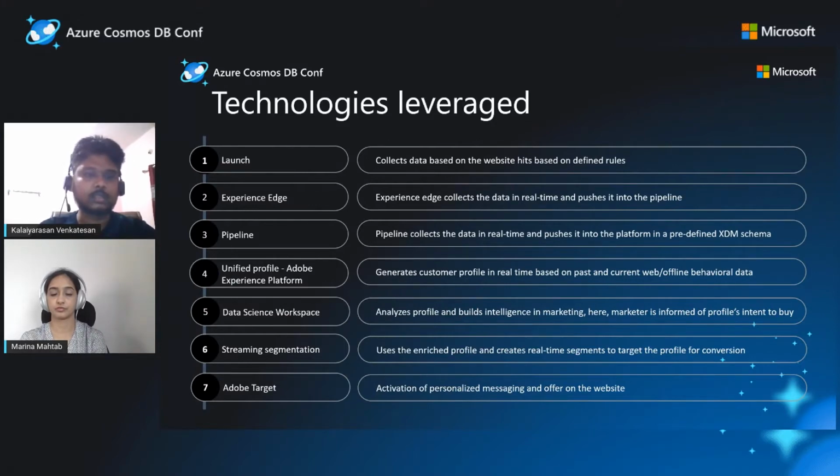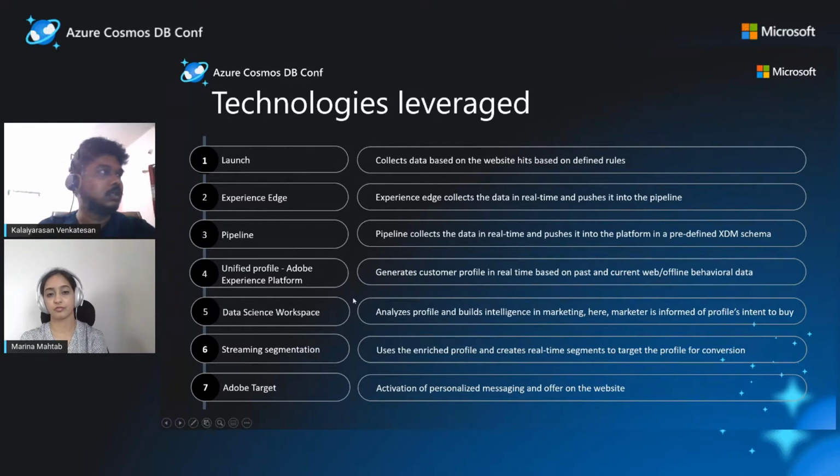And then streaming segmentation will capture the enriched user profiles, which are coming from different areas like the website and from offline, and then it creates real-time information for the segments, and then we can target those users using Adobe Target, and provide them personalized messaging on the website itself.